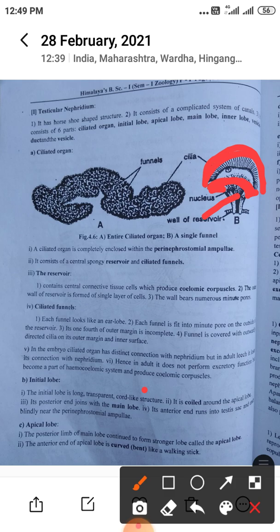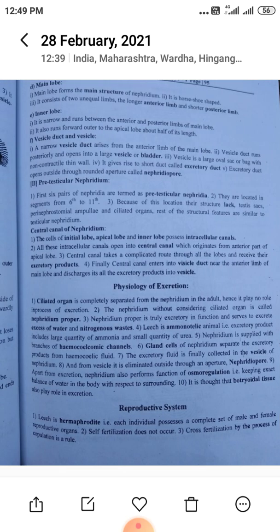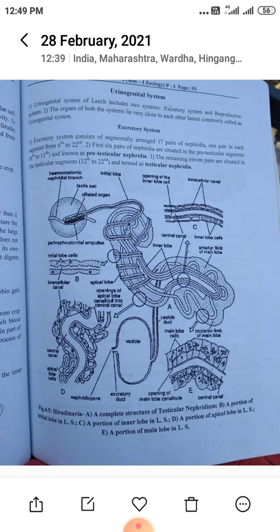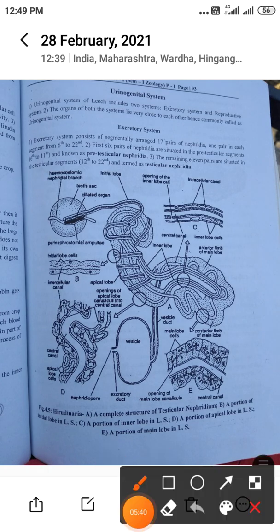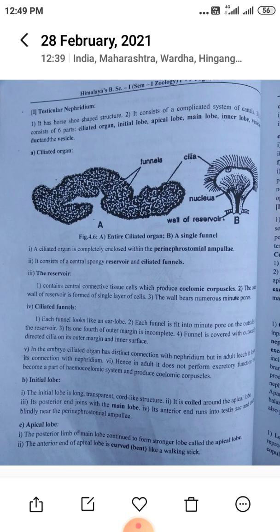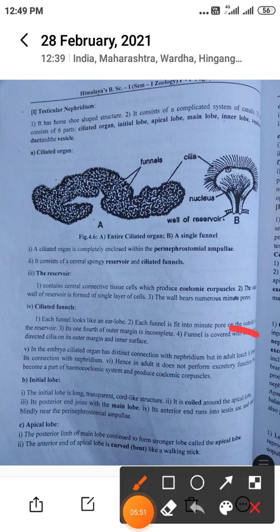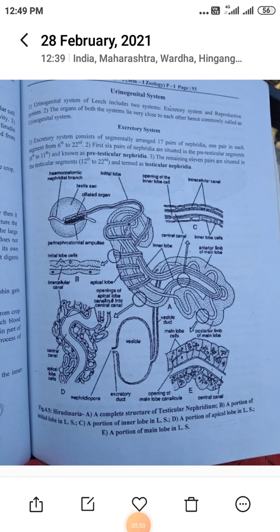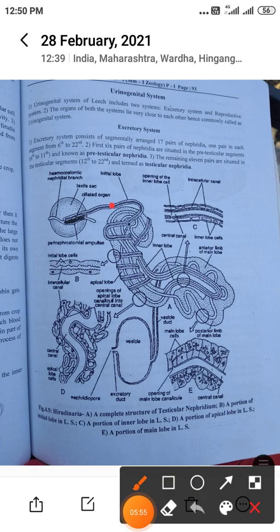Then the initial lobe. Here is present the initial lobe, meaning the starting lobe. The initial lobe is a long, transparent, cord-like structure. It looks like a cord, an elongated, rod-like structure.